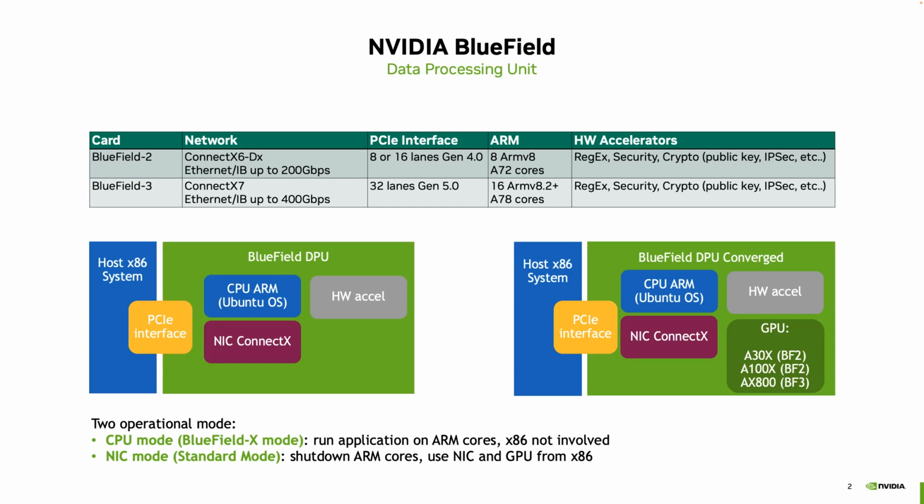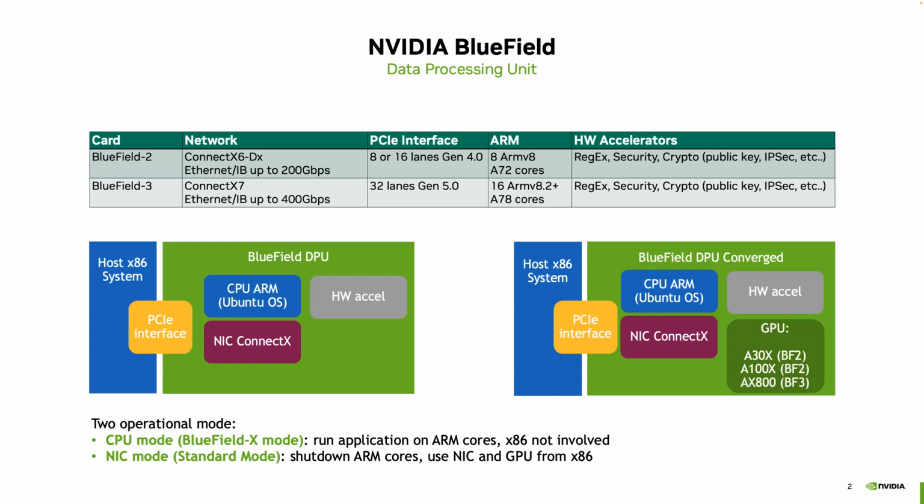So it's basically another server, an ARM server. You can SSH into it. You're running in an Ubuntu environment, so you can build C, C++, Python applications, whatever. And you can take advantage of hardware accelerators and the network card. So this is the basic line of DPUs.